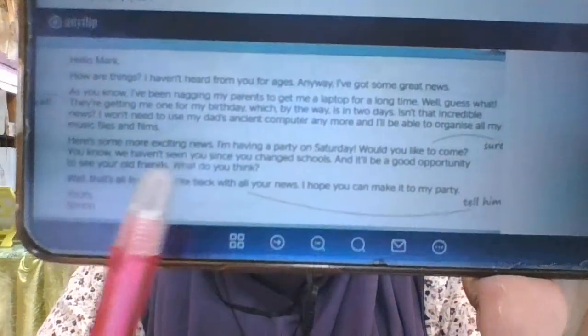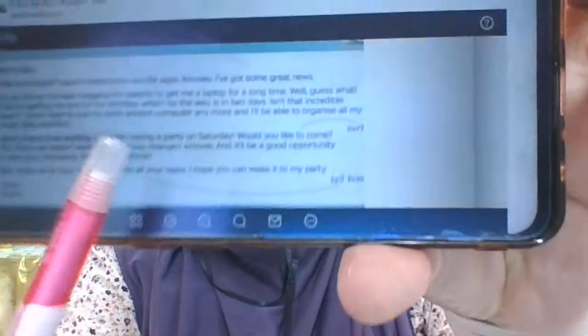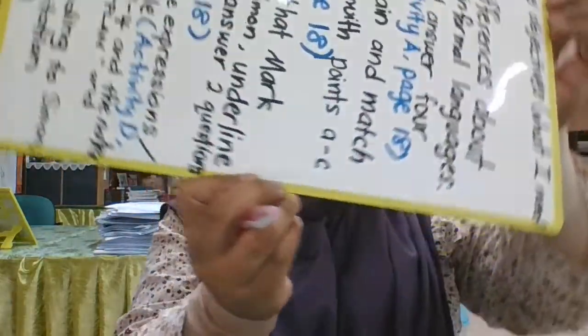If you don't know any words, I would like you to refer to your dictionary online, or if you have a dictionary with you, it's better to use the dictionary, yeah? Right, so this is the email, and then you read and answer the question. That's for exercise A, or activity A.